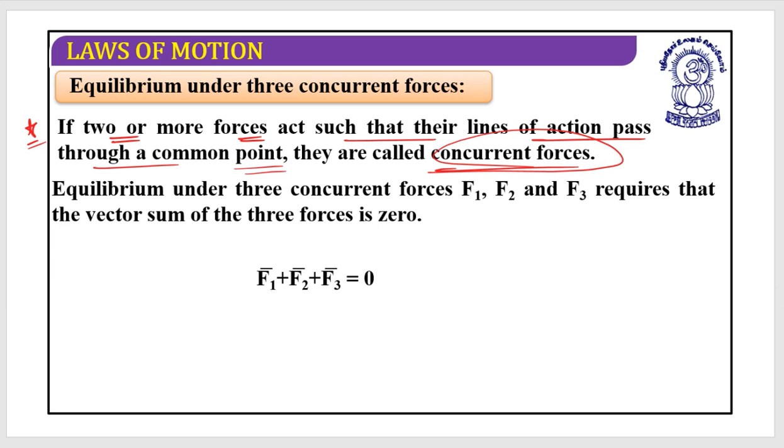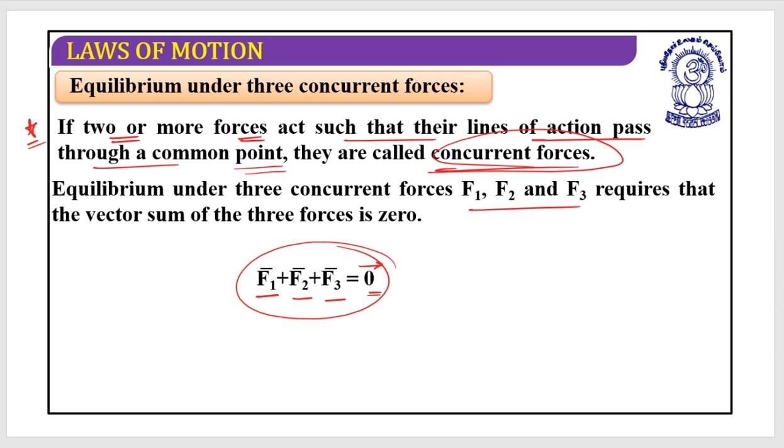So equilibrium under these three concurrent forces F1, F2, F3 requires that their vector addition be equal to 0. So F1 plus F2 plus F3 equals 0.